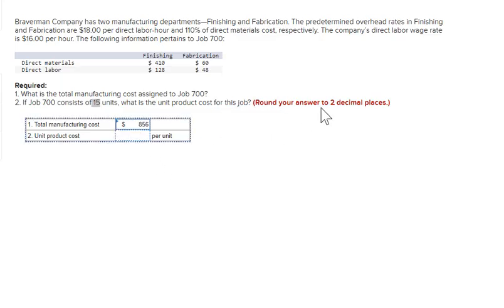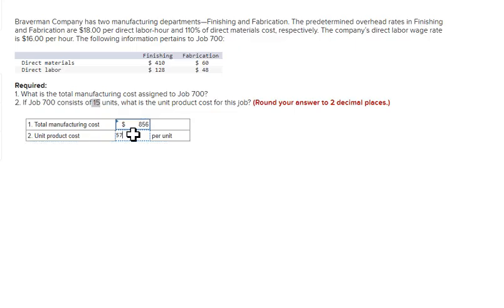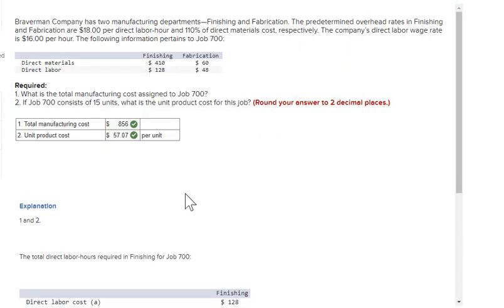So it says 2 decimal points. 2 decimal points for this one will be 57.07. So that's what we're going to get. So let's score, and we got both answers correct. Move on to the next.